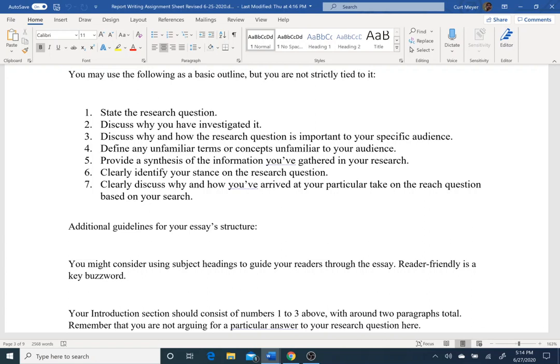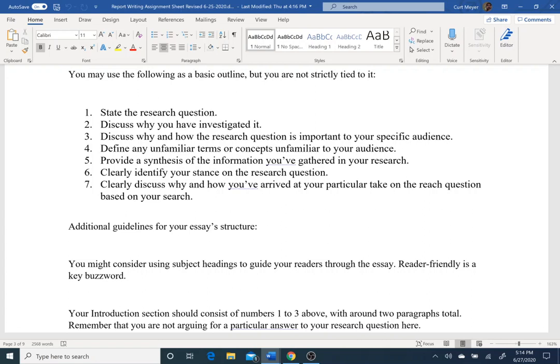What I was talking about before: define any unfamiliar terms or concepts, okay? Provide a synthesis of the information. This number 5 is going to be the vast majority of your essay. Number 6 and 7, so at this point, after you give your synthesis, you can talk about your own position here, right?